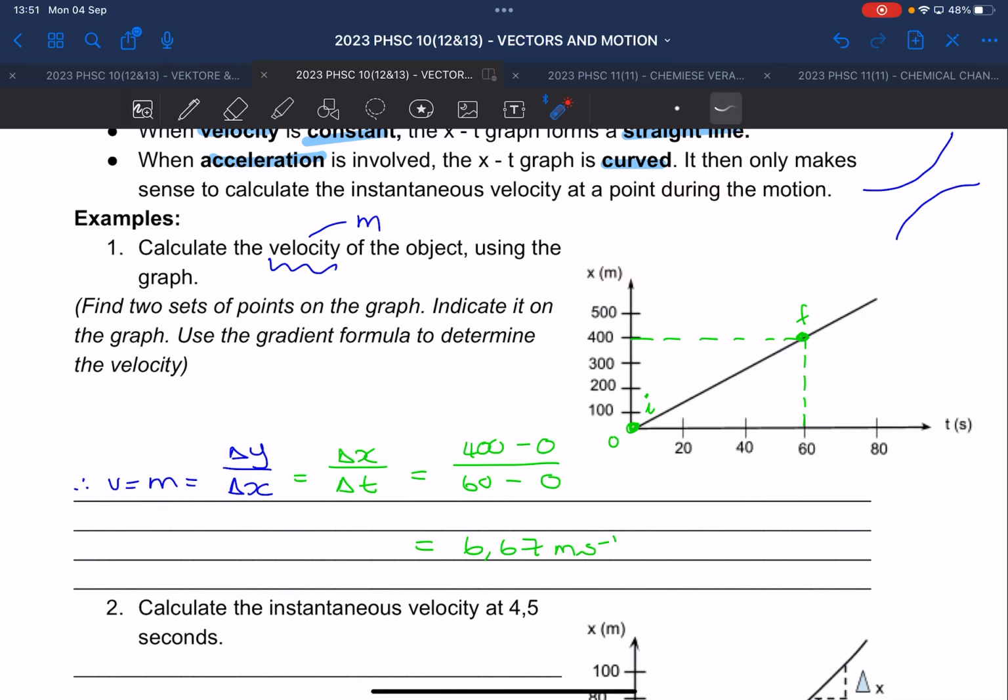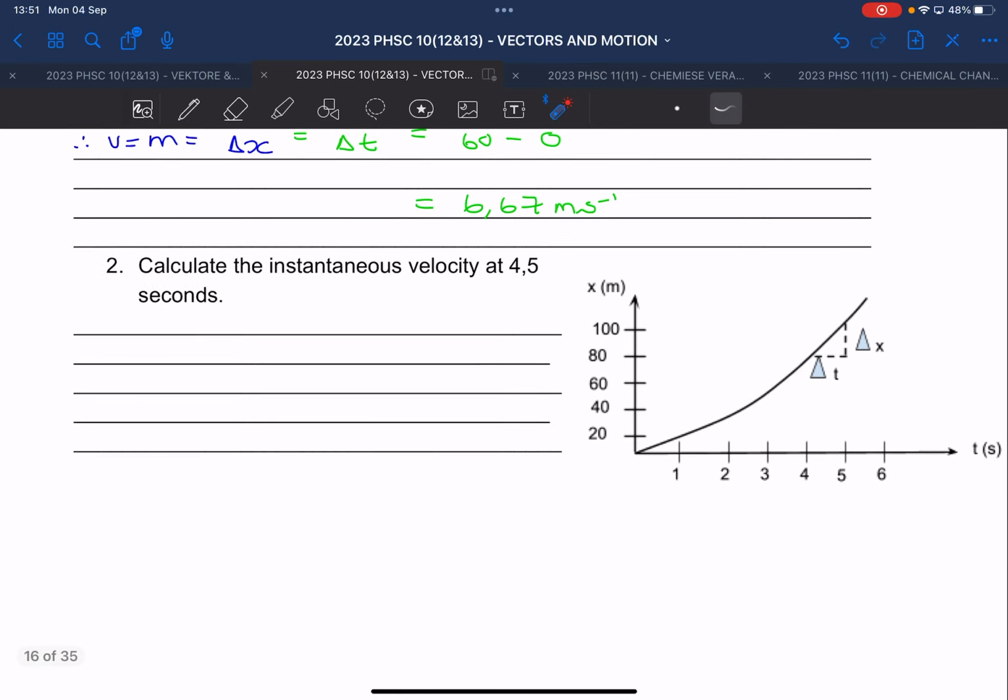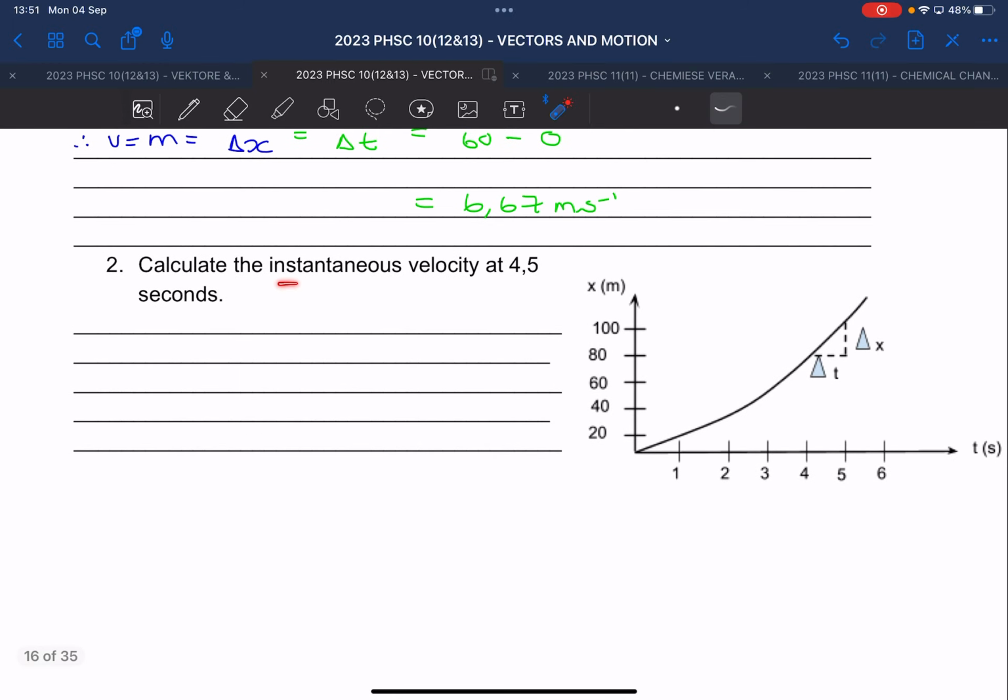Okay. Right. Now it says here, calculate the instantaneous velocity. Tsepo, what is instantaneous again? It can be constant. It doesn't have to be.